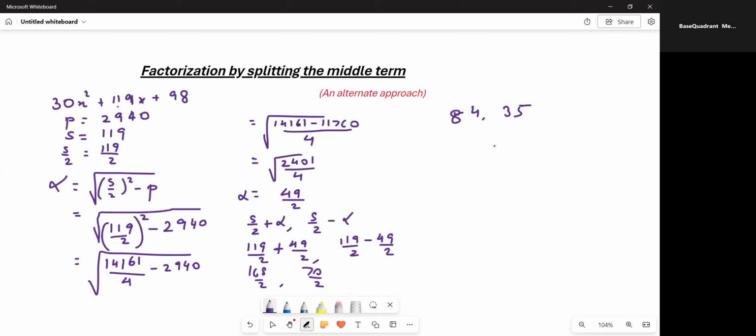Now, the easy part, which is the factorization. 30x squared plus 119x plus 98 is 30x squared plus, yes, this can be written as 84x plus 35x plus 98.